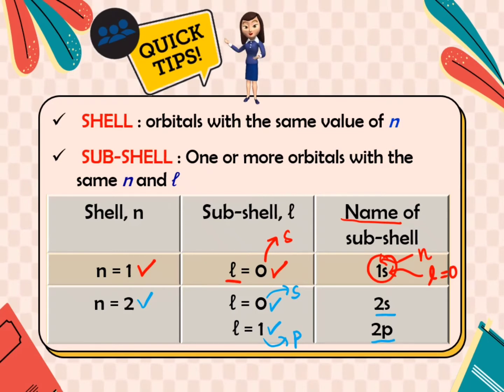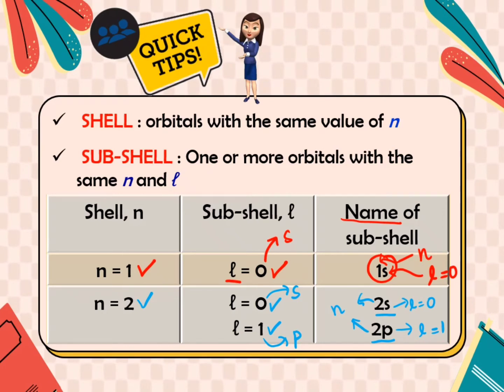So untuk shell yang kedua, petala yang kedua, dia akan ada 2 subshell, which is 2S and 2P. 2 ni refer kepada n. So S dengan P tu refer kepada L. S ni refer kepada L equal to 0. P refer kepada L equal to 1.